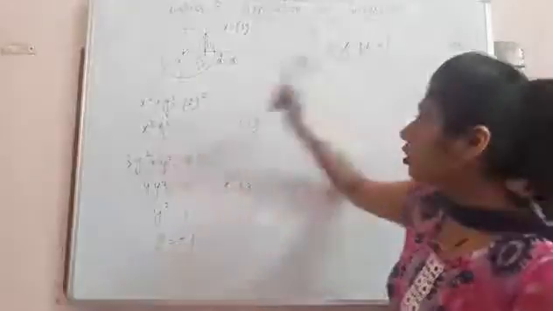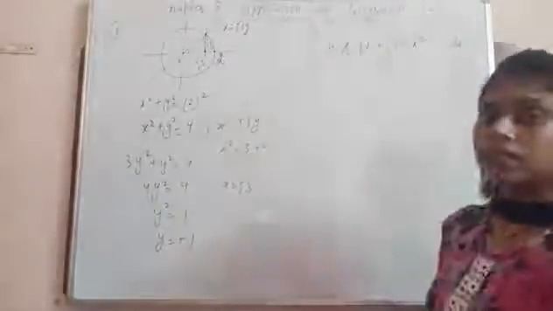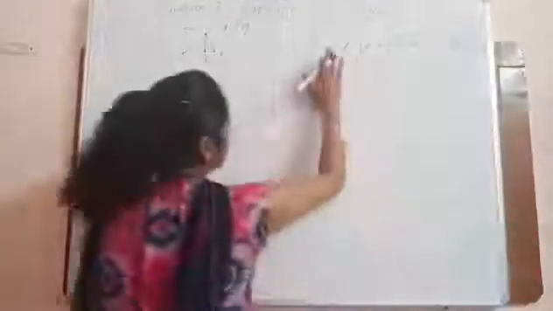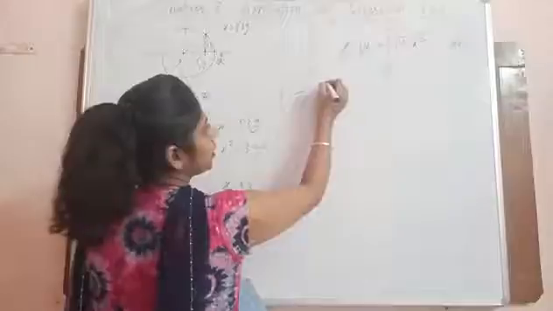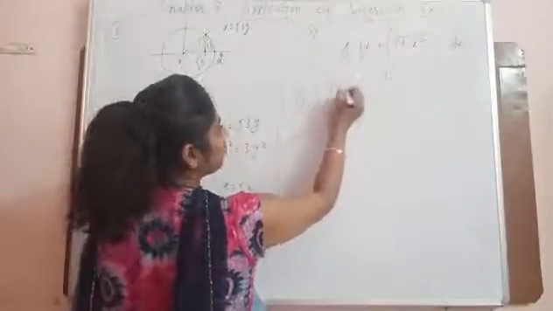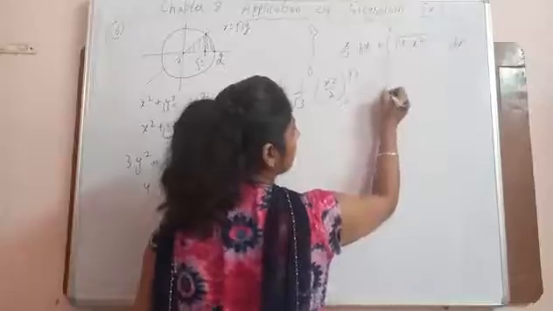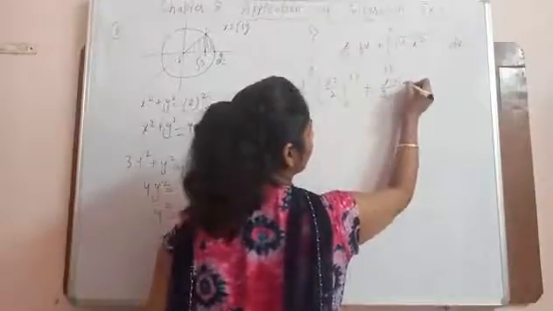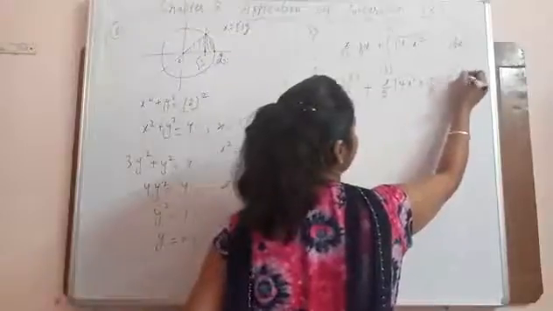For this curve, the value of y is root of 4 minus x square. Now take the integration. 1 by root 3 is constant, x square by 2, 0 to root 3, plus x by 2 square root of 4 minus x square plus a square by 2 sin inverse x by 2.